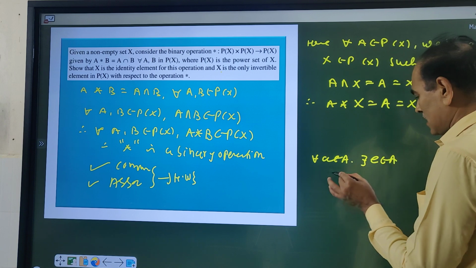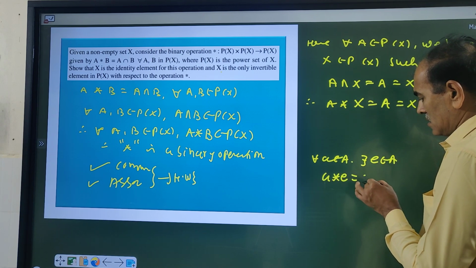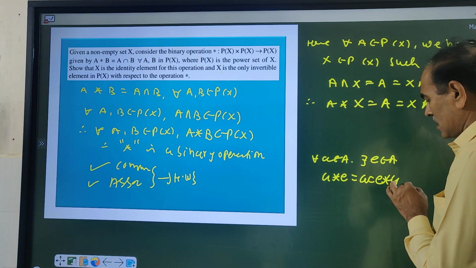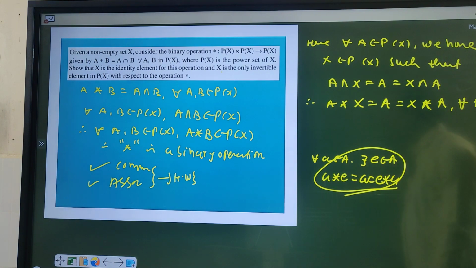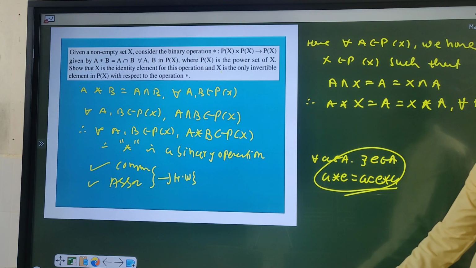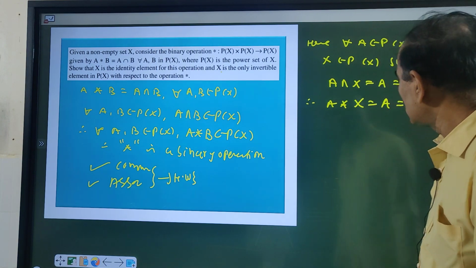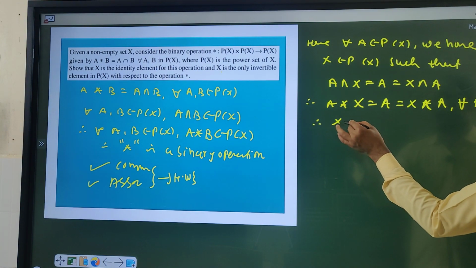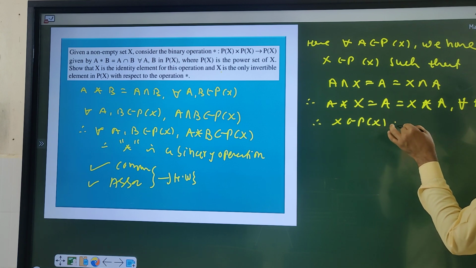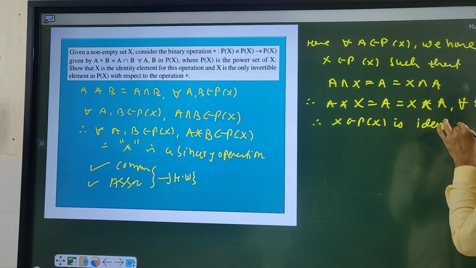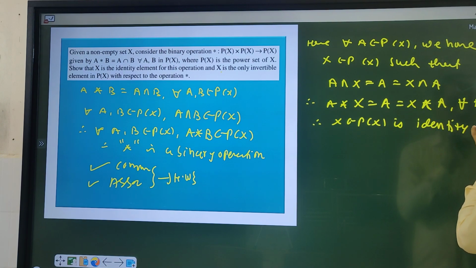So this is the identity, because we know that for all A belongs to A, if there exists E belongs to A such that A star E is equal to A is equal to E star A, then E is called identity. So here, X belongs to P(X) is the identity element.